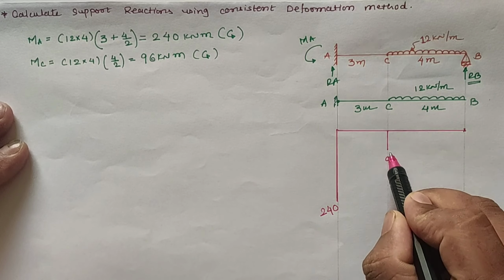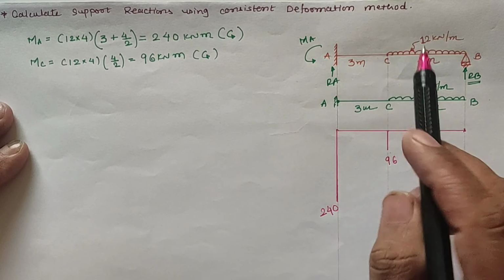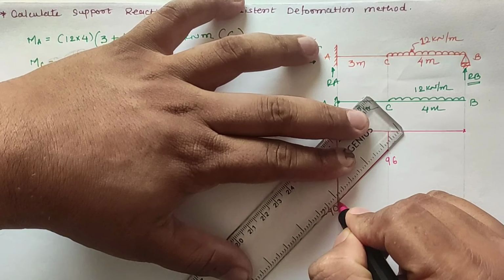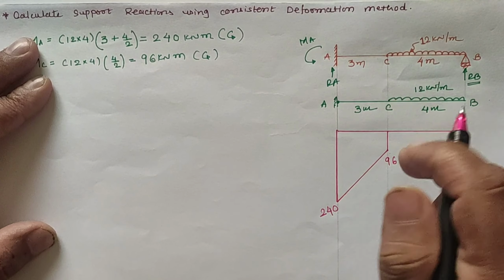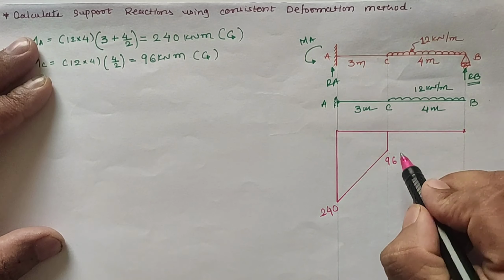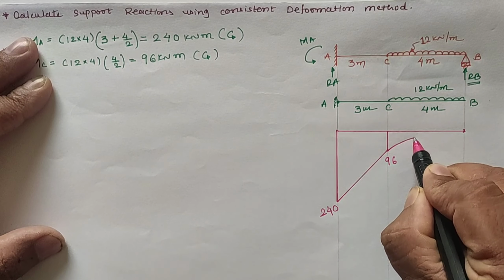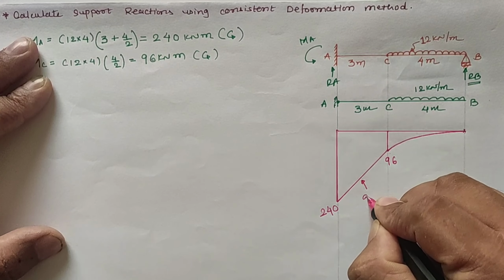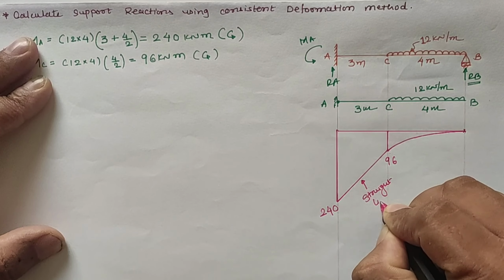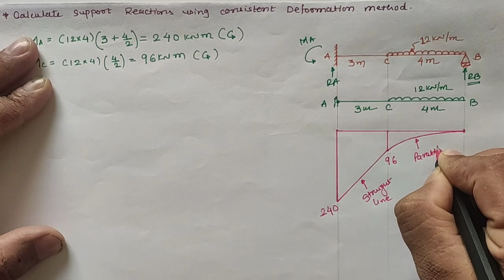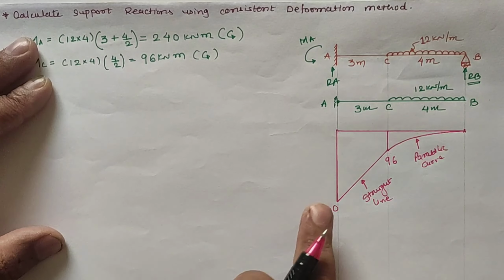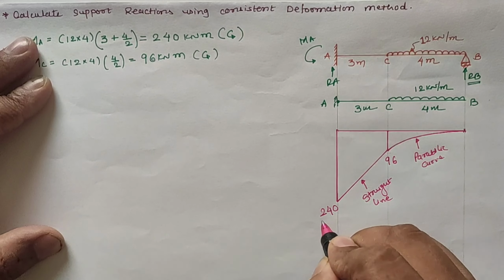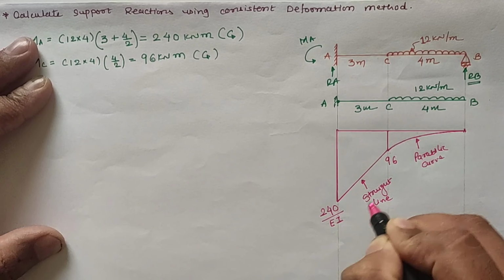For A to C there isn't any load between A and C, hence we connect these 2 points by an inclined straight line, while for the UDL from 96 to 0 we draw a parabolic curve. So the diagram indicates the bending moment diagram for the released structure, and we have to convert it into an M over EI diagram.